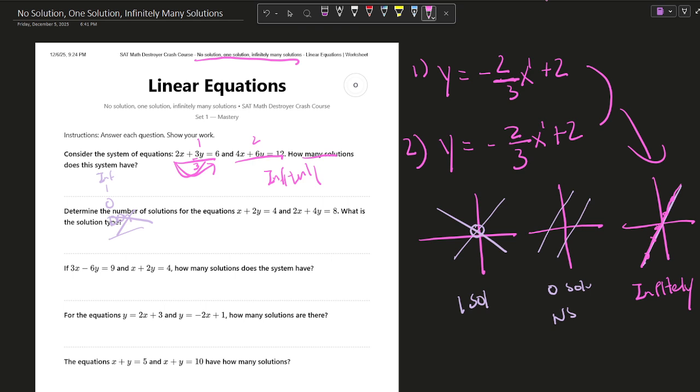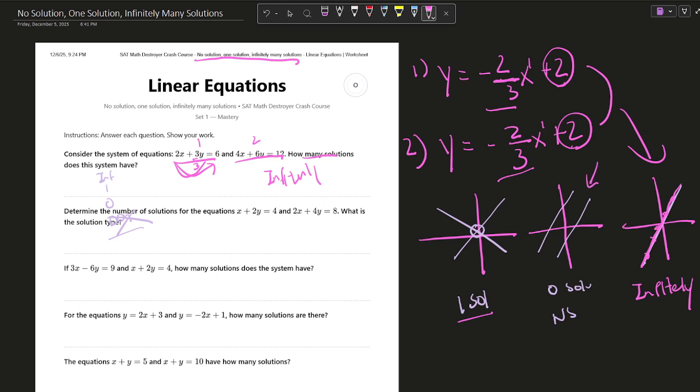So what about the other two though? Well, one solution is just they have different slopes. So you want to look at the slopes. Minus 2 thirds, minus 2 thirds. If they have the same slope but they have a different y-intercept, then you would get a graph like this.